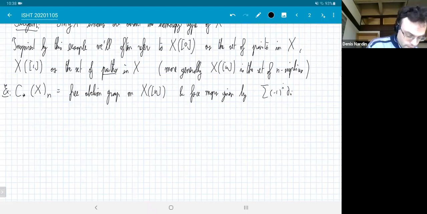So another example is, suppose C is a category.